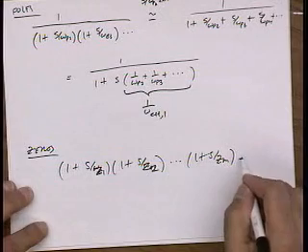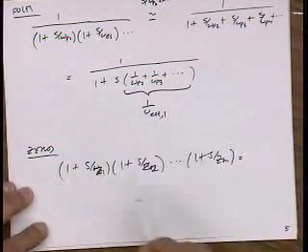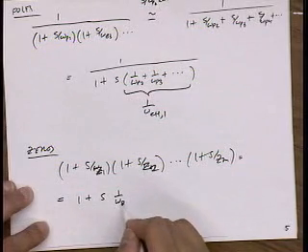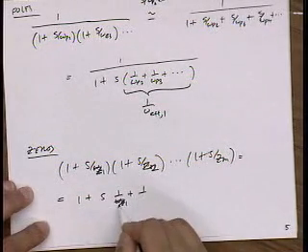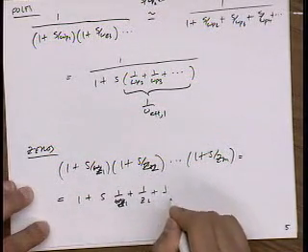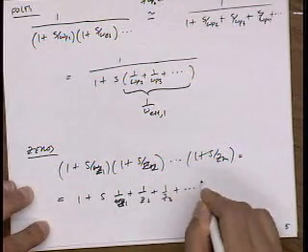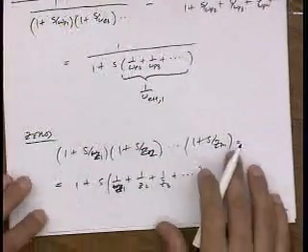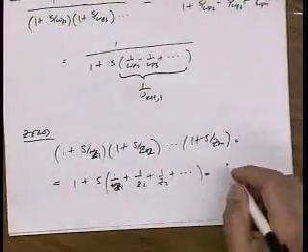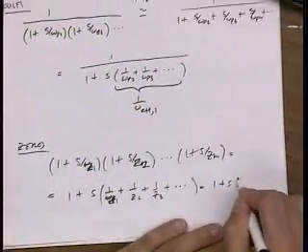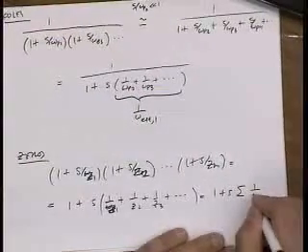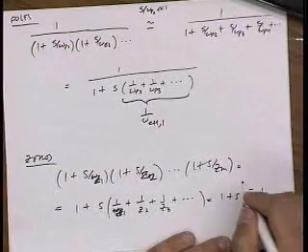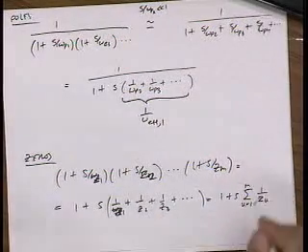And the idea is that, of course, I can do the same thing if all the zeros are much larger than the frequency that I care about. And so I can write this also as 1 plus s times the sum of 1 over zk, k equals 1 to, let's say I have m zeros.